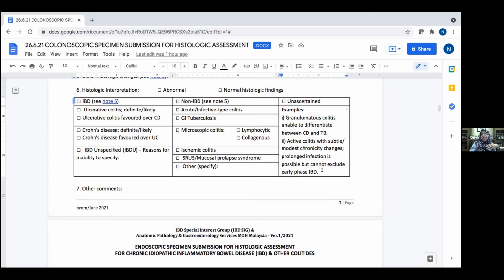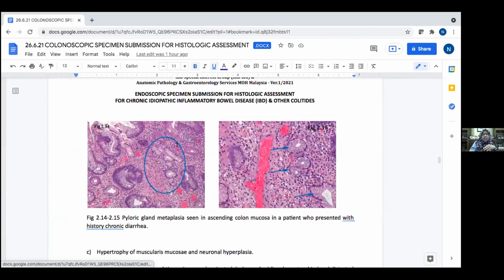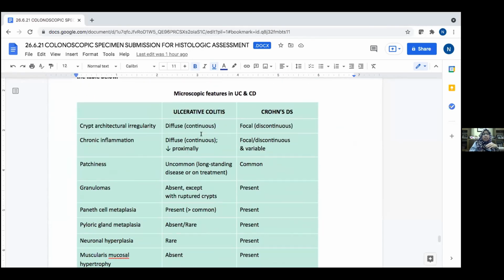The uncertainty also sometimes arises in the case of active colitis with very subtle chronicity changes, whether it's a prolonged infection or an early phase of IBD. You really have to buy some time to make a more conclusive interpretation. So we go to note 6. In note 6, I just table out, if you think it's IBD, try to decide whether it's UC or Crohn's disease.